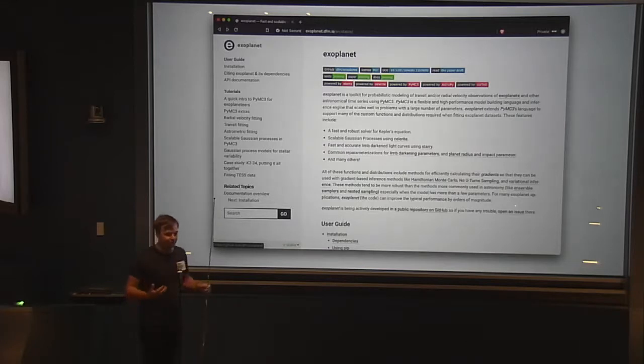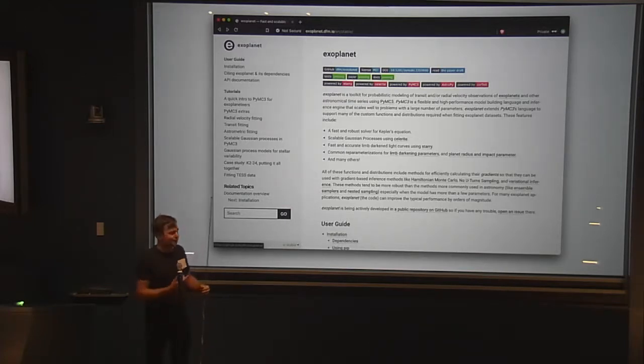And this is a tool that I've been developing that's been the focus of my research for fitting exoplanet data sets, but more generally time series data sets, and maybe even more general astronomical problems using modern Markov chain Monte Carlo methods.